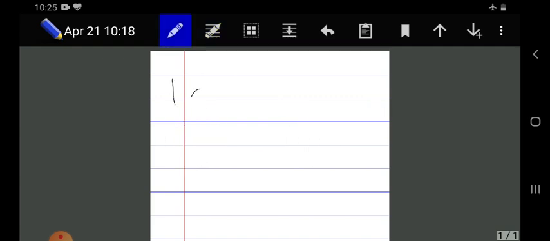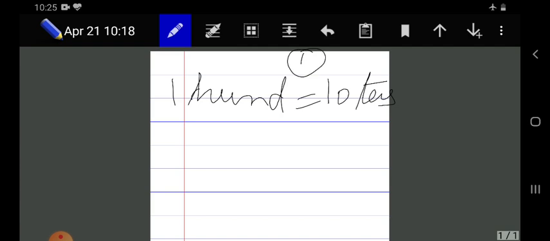100 is equal to 10 tens. How many zeros are in the tens? In the tens place we have one zero.